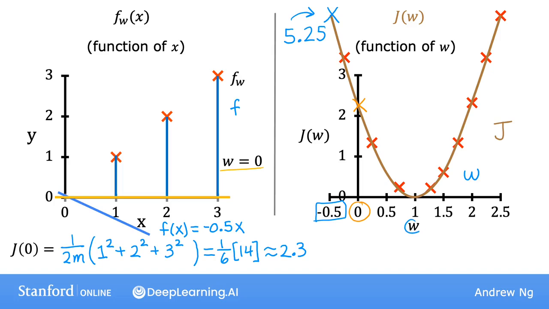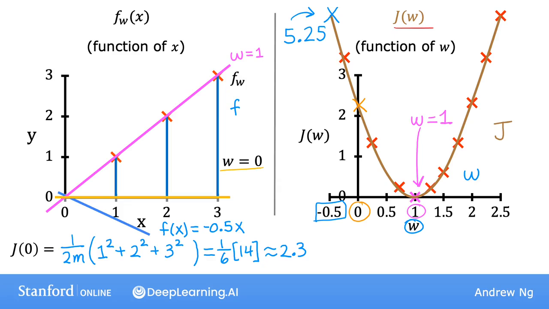Because for each value of w, you can calculate the cost j of w. For example, when w equals 1, this corresponds to this straight line fit through the data, and it also corresponds to this point on the graph of j, where w equals 1 and the cost j of 1 equals 0.